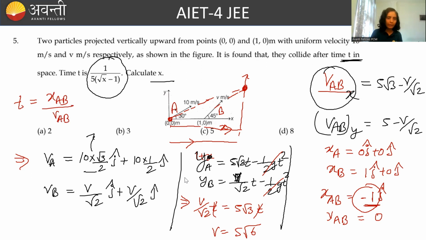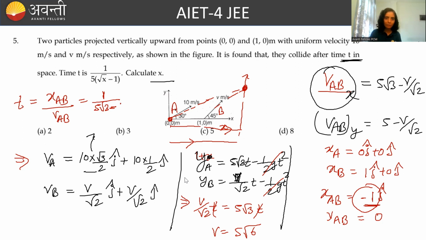So just put this value now. Now the question is very easy. You have solved everything. So now if we are going to write it, this is 1. And VAB is equal to how much? 5 root 3 minus V by root 2. V value is how much? 5 root 6.